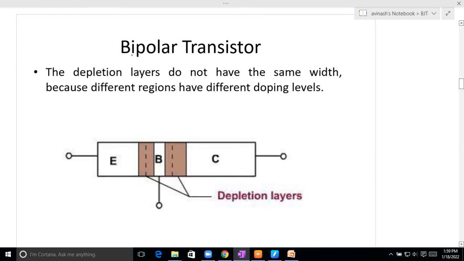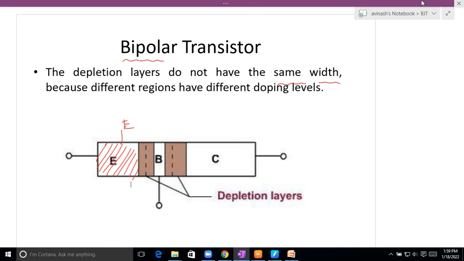In a BJT, depletion regions do not have the same width because different regions have different doping levels. For example, if you observe here, this is the emitter junction.